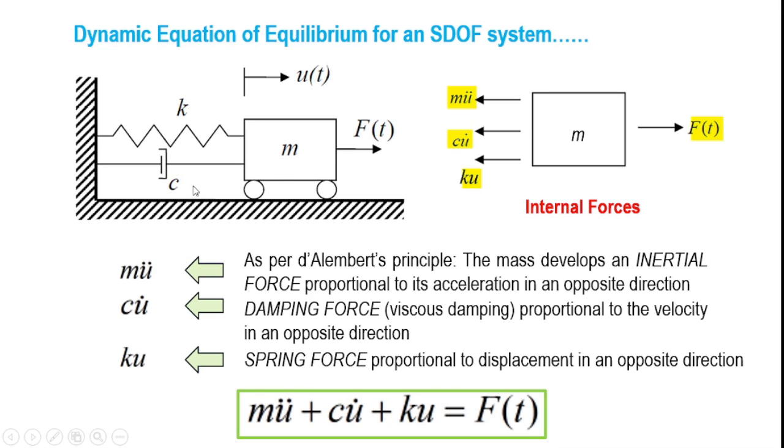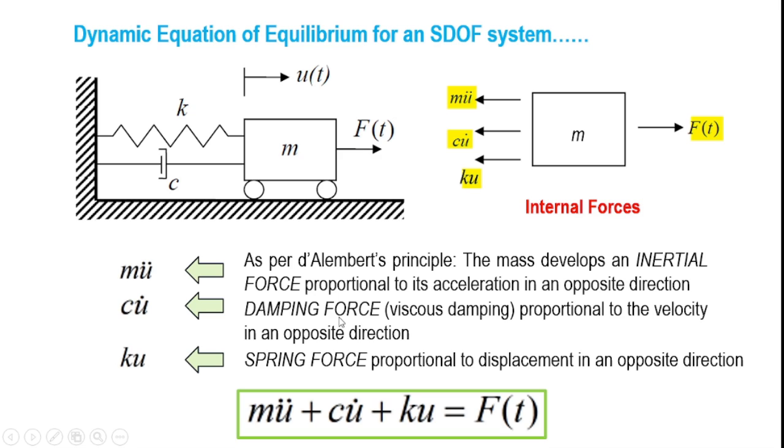Now the next one is the damper. Here we assume the concept of viscous damping. The concept of viscous damping is developed such that if c is the damping, at any instant, the damper element develops a damping force that is proportional to the velocity.